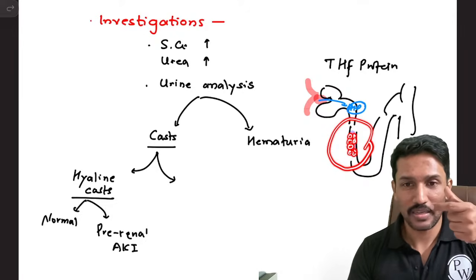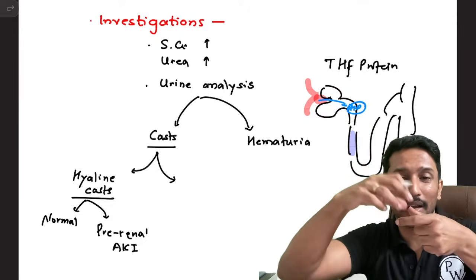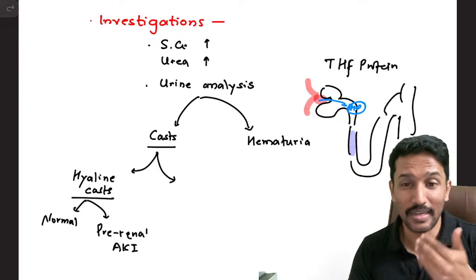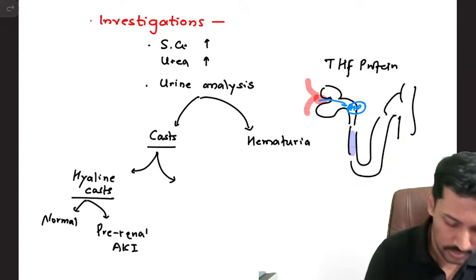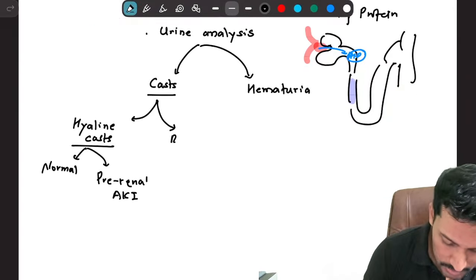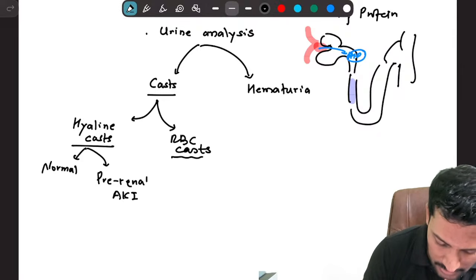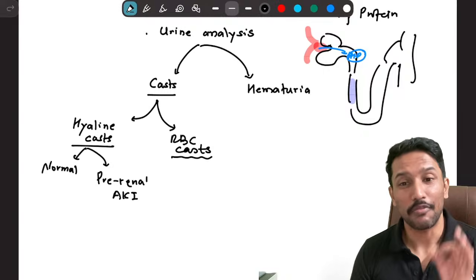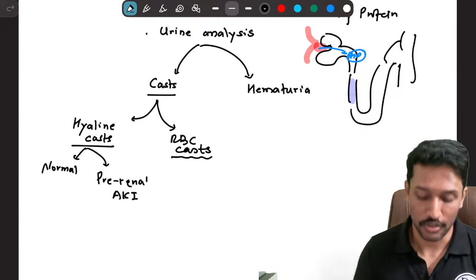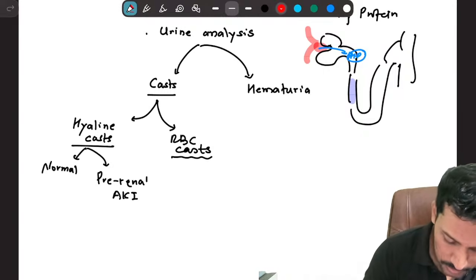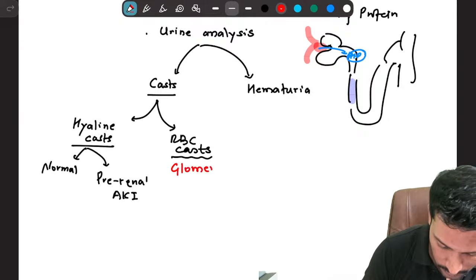Now, this hyaline cast has RBCs impregnated onto it. So in that case, we will call them RBC casts. So if I see RBC casts, I know that the patient has got nephritic syndrome. He has got glomerular injury. So this is pointing towards glomerular disorders.